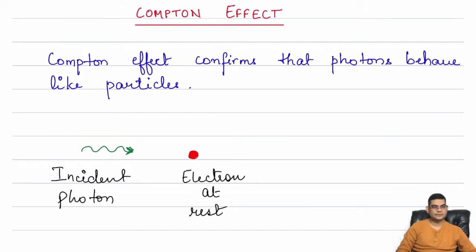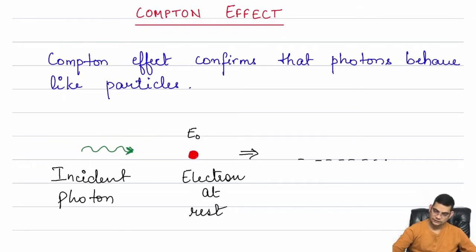In this experiment, Compton found that after the collision, the photon gets scattered at an angle theta.